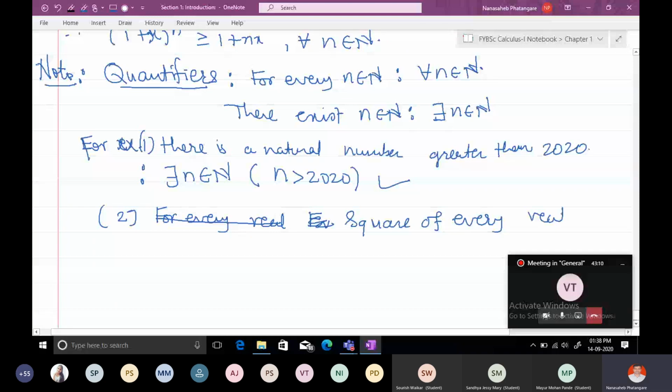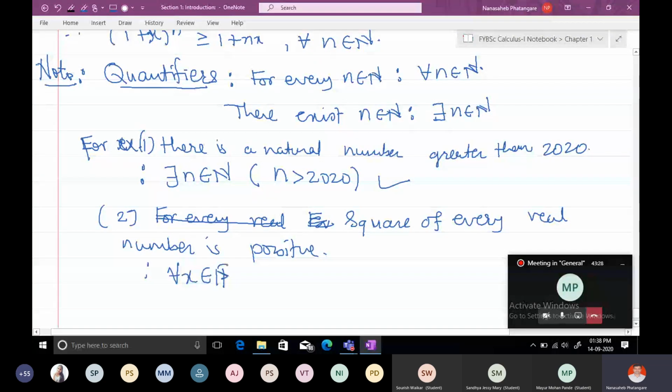Is positive. So the same statement I want to write in short. I will write it for every x in the set of real numbers: for every x in R, x square is positive.